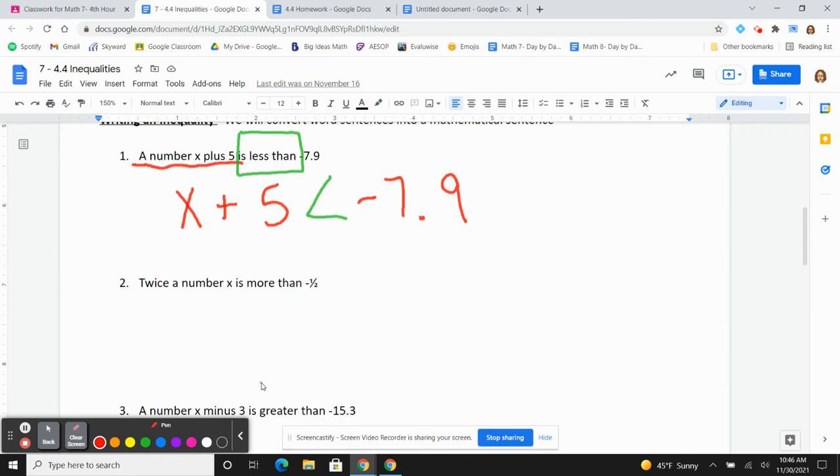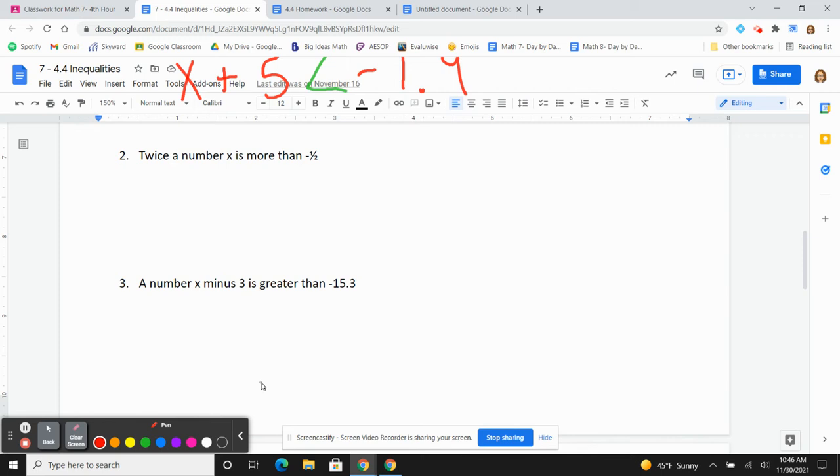Number two, twice a number x is more than negative 1/2. How are we going to write twice a number x? Emmett? 2 times x. 2x. Good. Twice a number x, 2x, is more than.